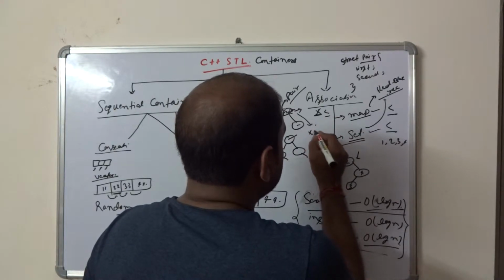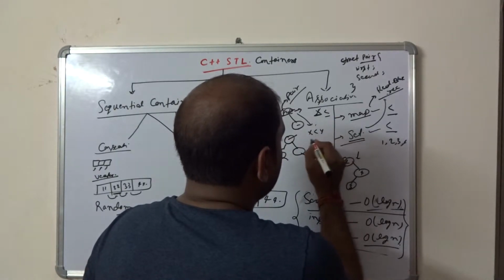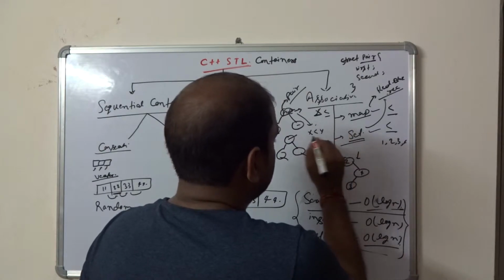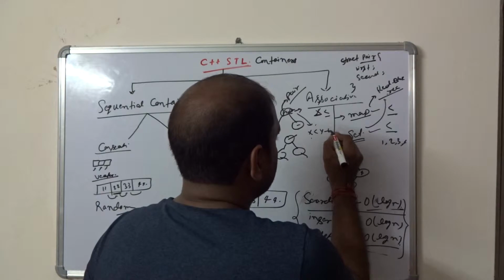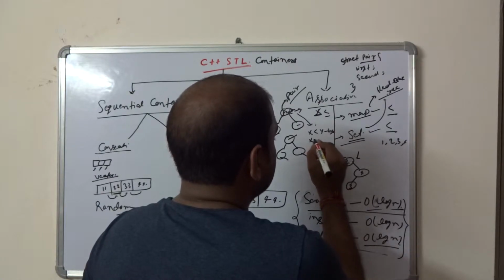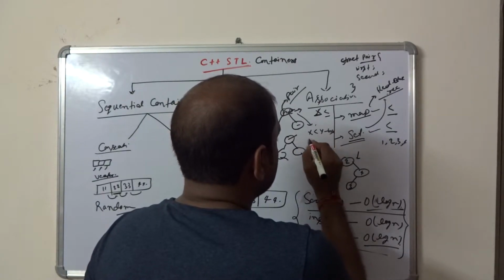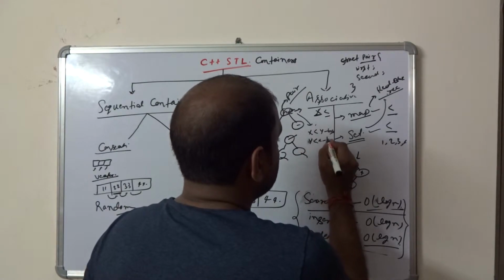If x is less than y, let's say this is just a small mathematics here, and this is false. And then again x less than operator, and y is also less than x, this is also false.